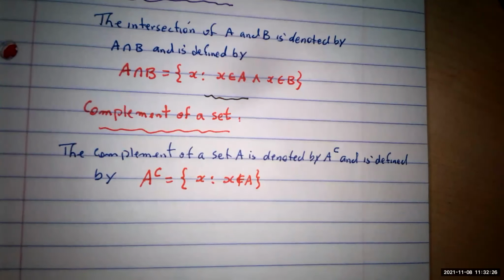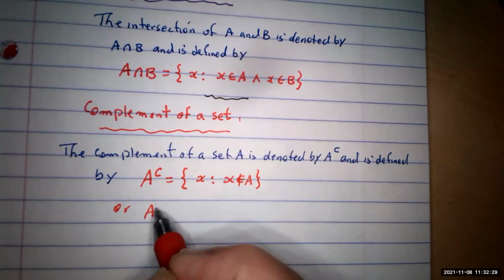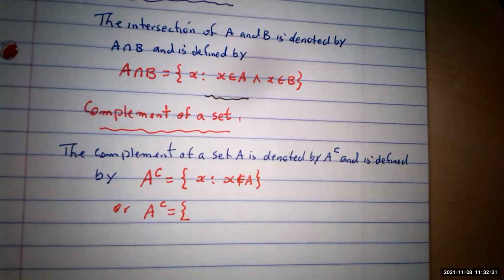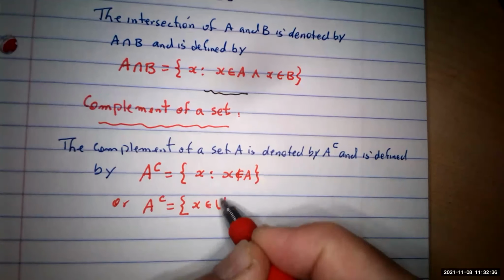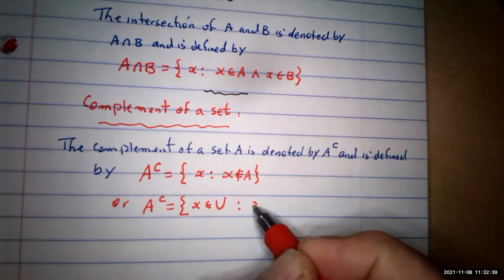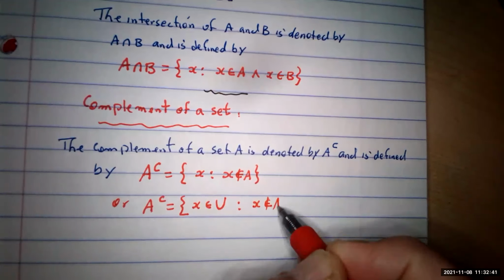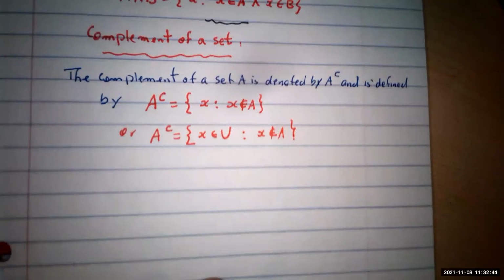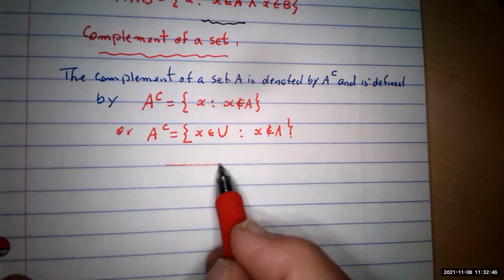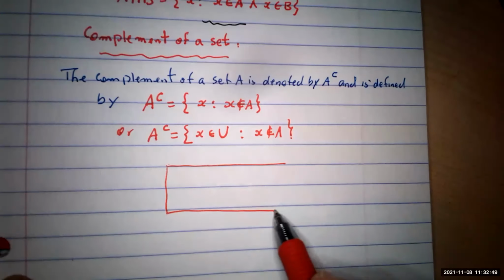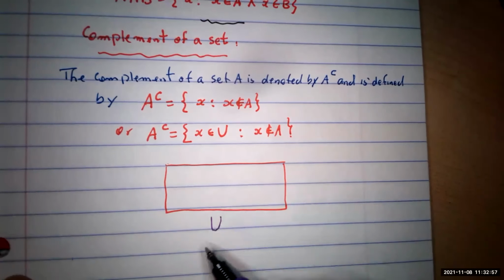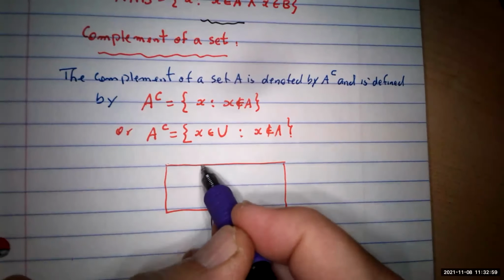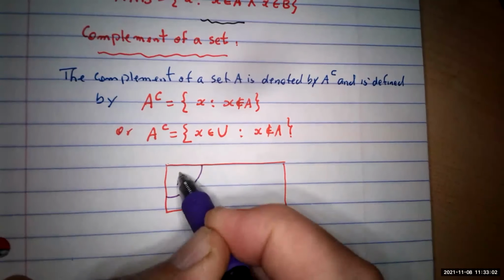Anything outside. So this means A complement is equal to all the members x belonging to the universal set such that x is not in A. Suppose this is your universal set, and this is your set A, if you like.